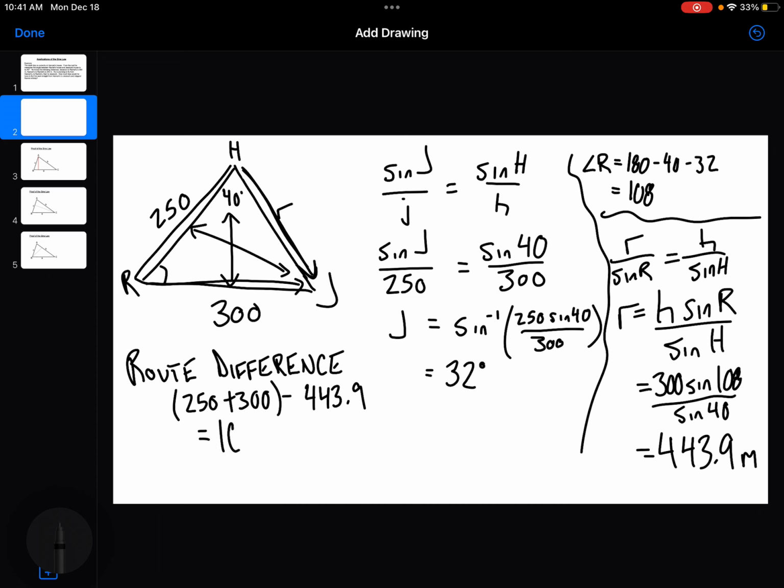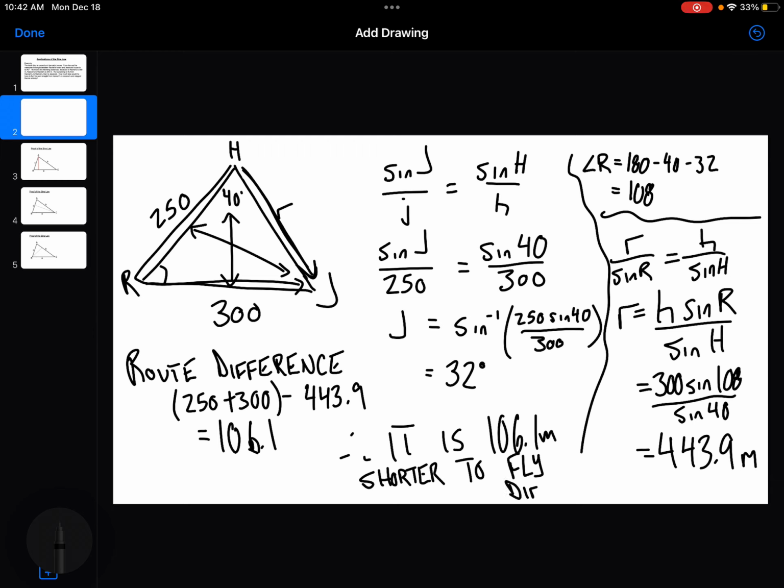And for that, we're going to get 106.1. So therefore, it is 106.1 meters shorter to fly direct. We used Sine Law twice, we found the angles, and then we found the distance.